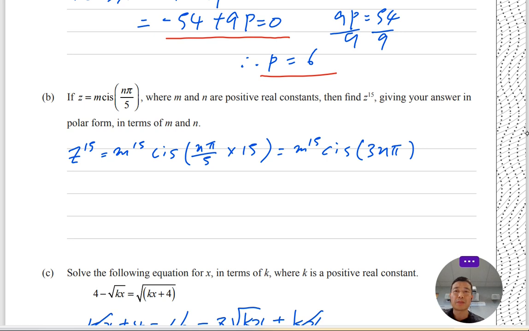So z to the power of 15 becomes m to the power of 15 cis n pi over 5 times 15. That's the product rule. So you have to say m to the power of 15 cis. So simplify this. 3n pi should be the answer.